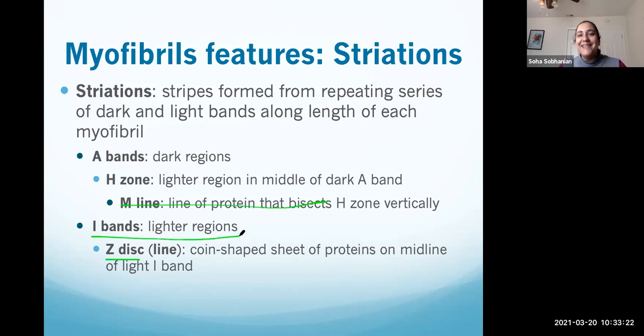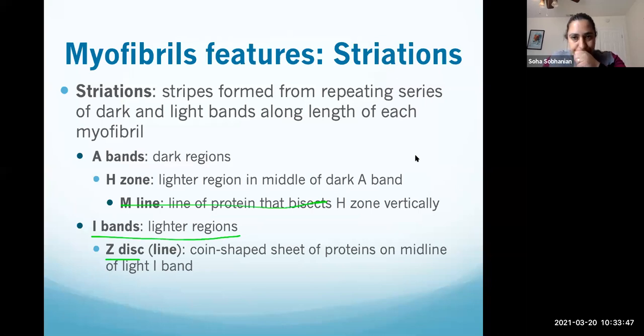The lighter zone. So when I talk about the striation pattern on the muscle, the A band is the dark band or the dark region, and the I band is the light region.